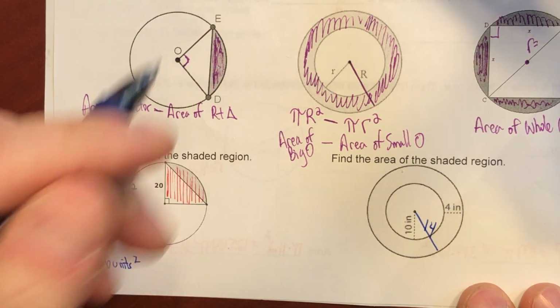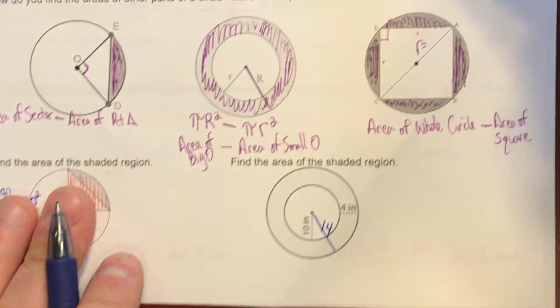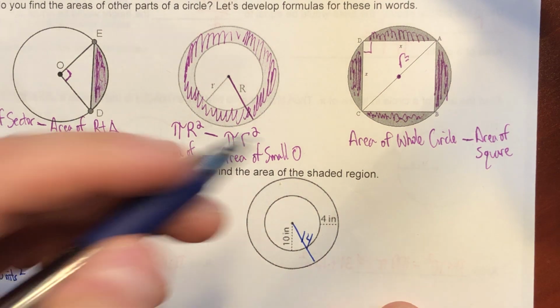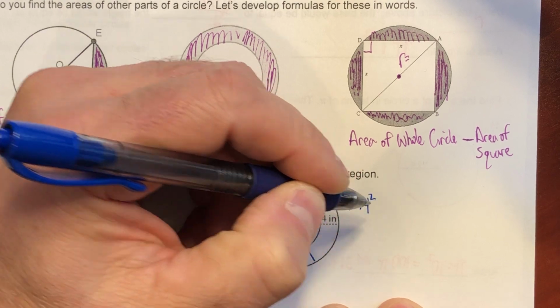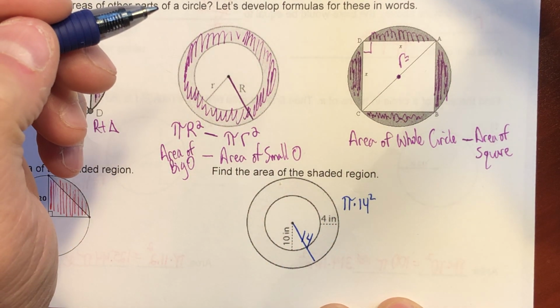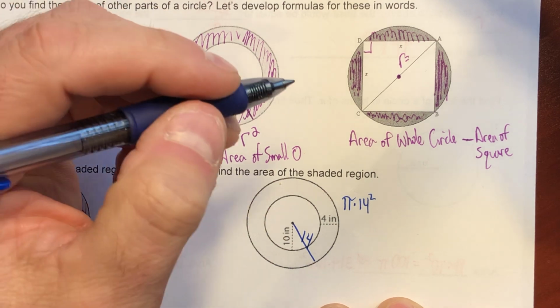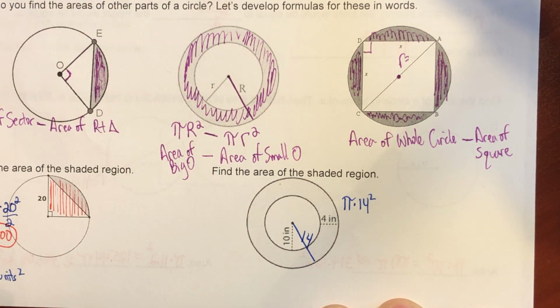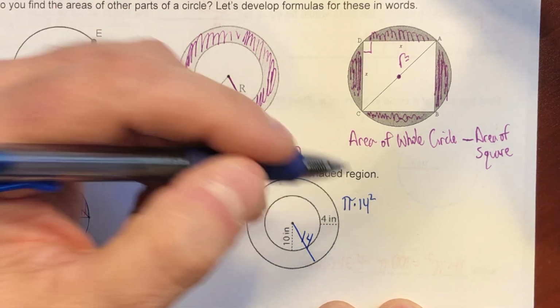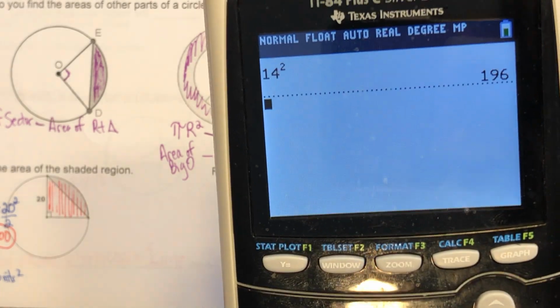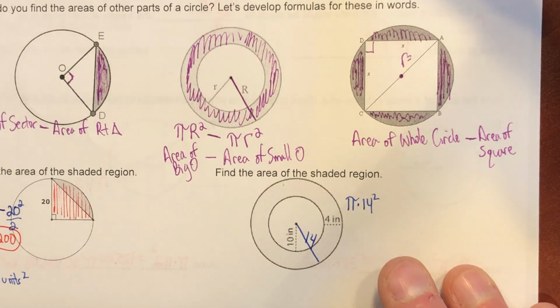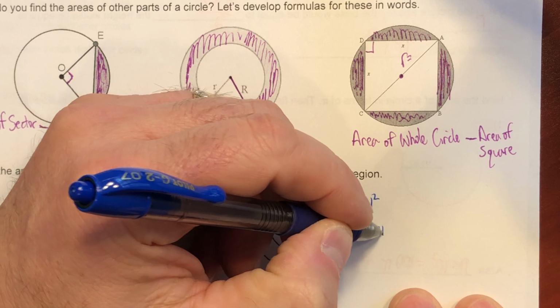So we would have pi times 14 squared, right? That's the whole circle. Pi r squared. So what's 14 squared? I should have that memorized. It's 196, I think. Yeah, 196. So 196 pi is the big circle.